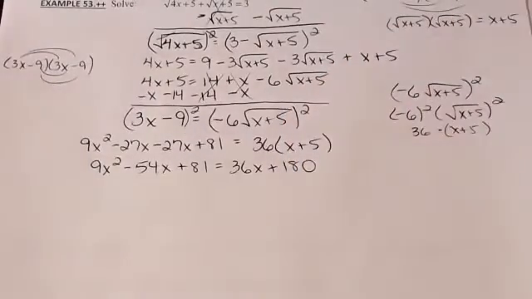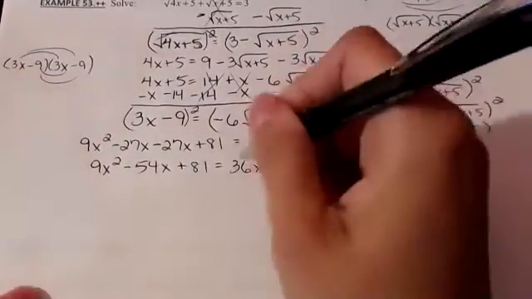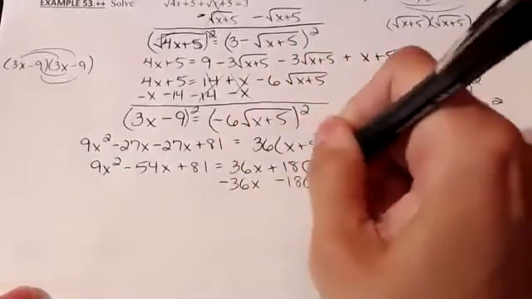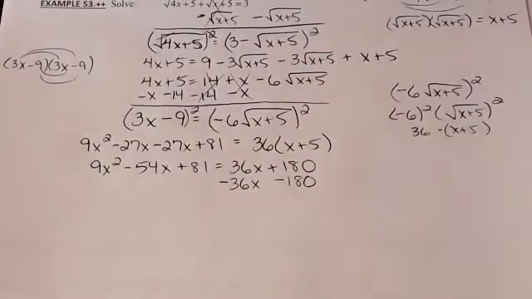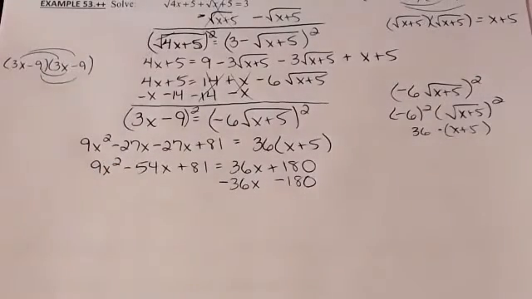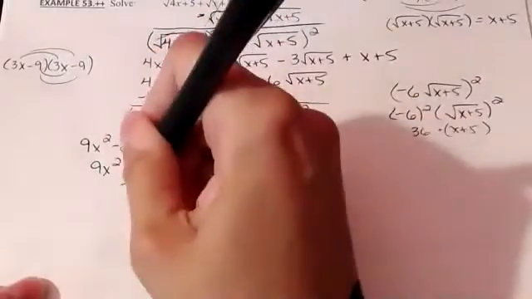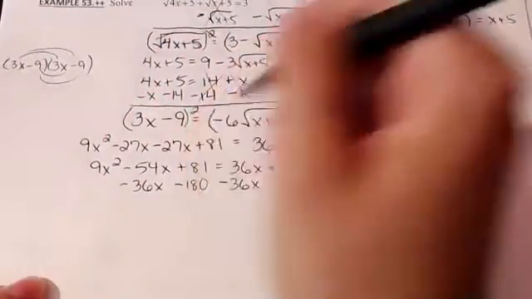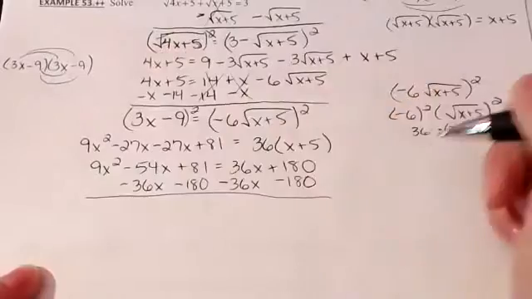And now let's move terms around and see what happens. So we're going to subtract the 36x and subtract the 180. Because we know that since we have a polynomial with degree 2 or higher, we want to set that equal to 0. And then we go through the motions of solving. So subtract 36x, subtract the 180. And let's see what happens.